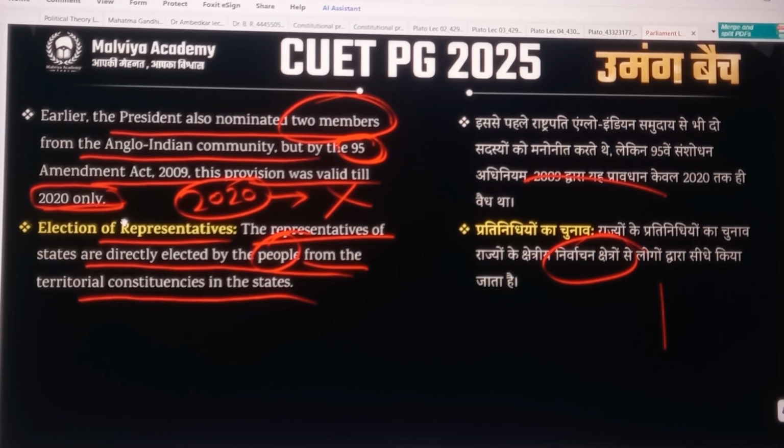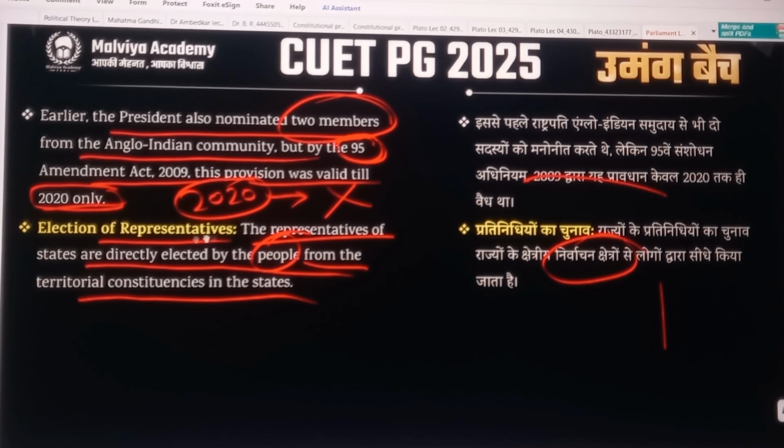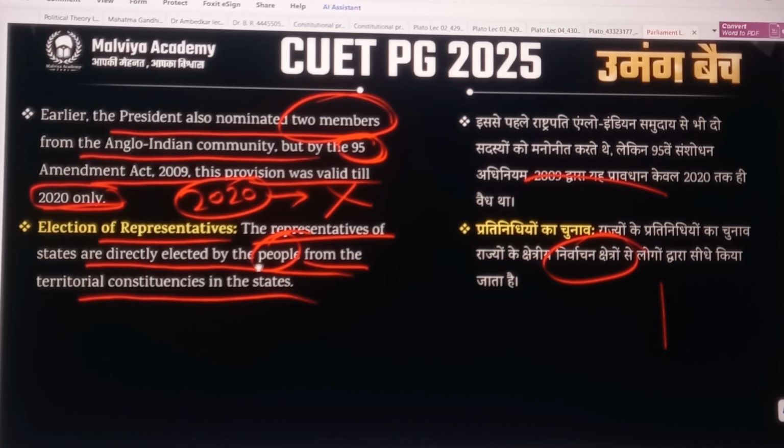Election of representatives means how the representatives of Lok Sabha are elected from different states. The representatives of states are directly elected by the people from the territorial constituencies in the state. Means in all the states, the members of different constituencies represent their members for the Lok Sabha.